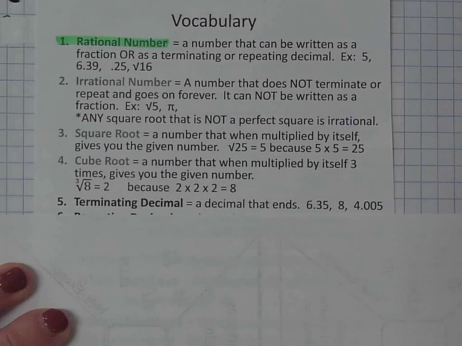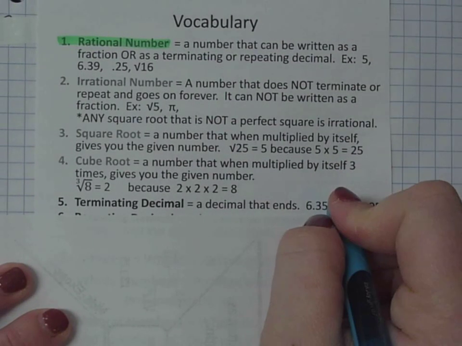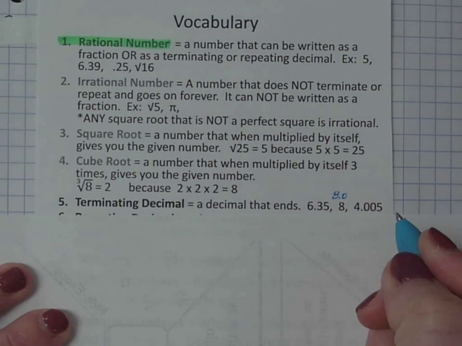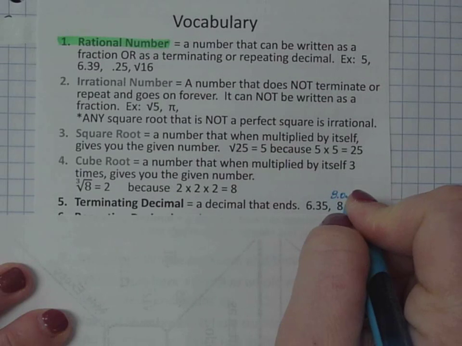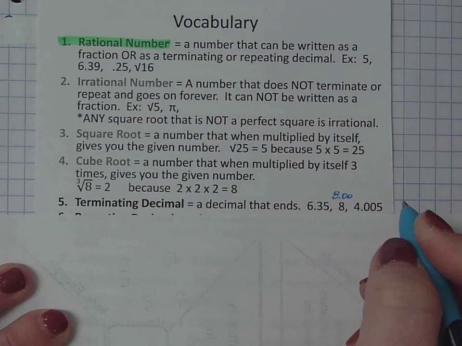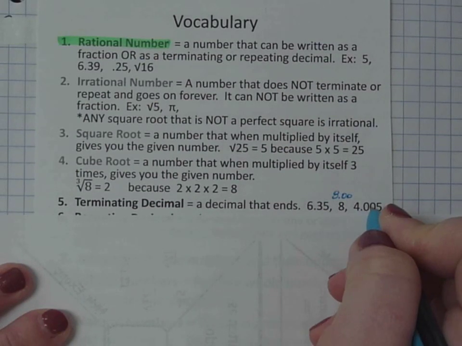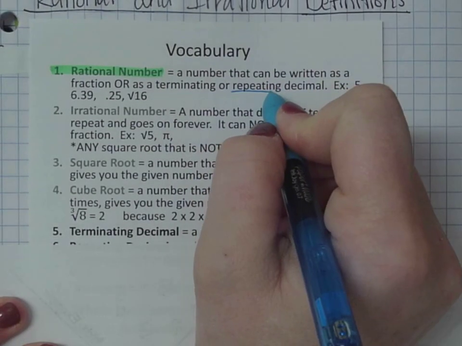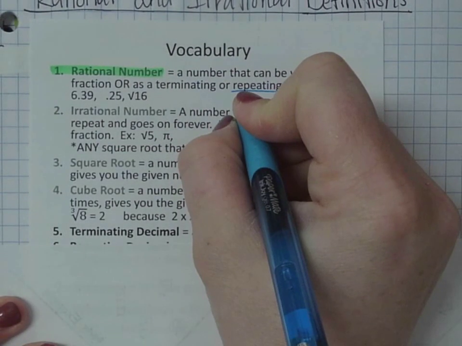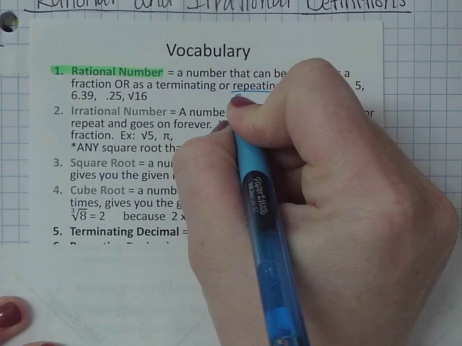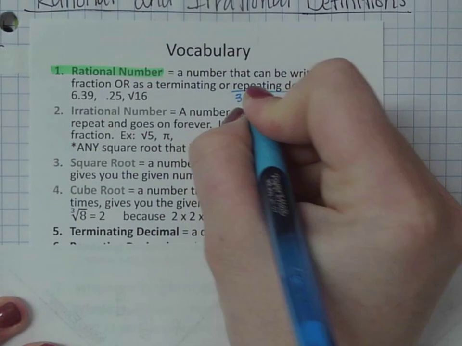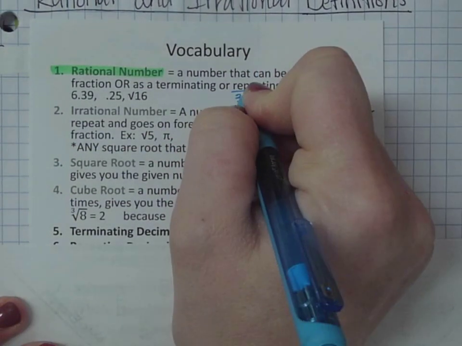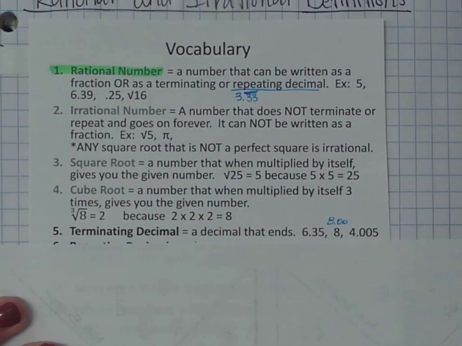Remember, 8, you could really write it as 8.0 or 8.00, like if you're talking about money. 4.005. Remember, a repeating decimal is when you have something like 3.33 repeating, and they have that little bar over the top that says repeating.